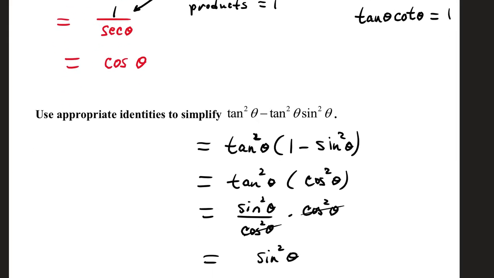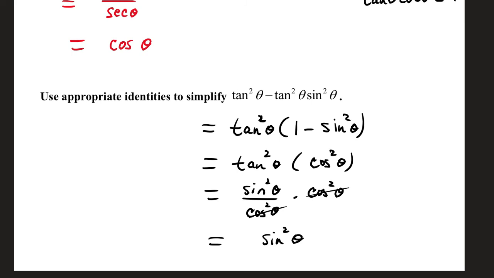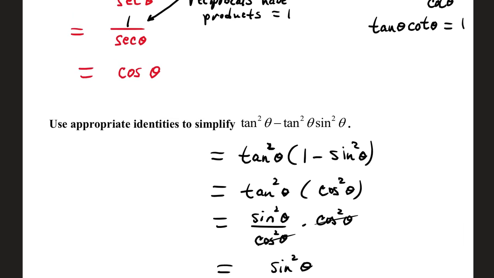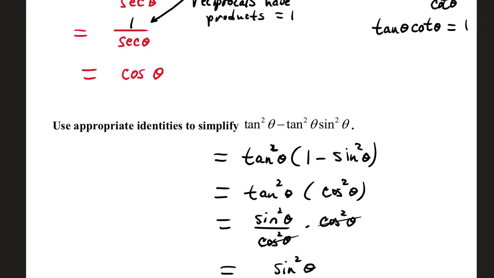At the very bottom, use appropriate identities to simplify tangent squared theta minus tangent squared theta sine squared theta. This one was kind of a handful to look at first. In class, we looked at alternate routes, and they all seemed to be pretty hectic as far as the number of steps it took. We eventually got it. One of the more streamlined processes for this one would be to factor out a tangent squared theta from both terms.